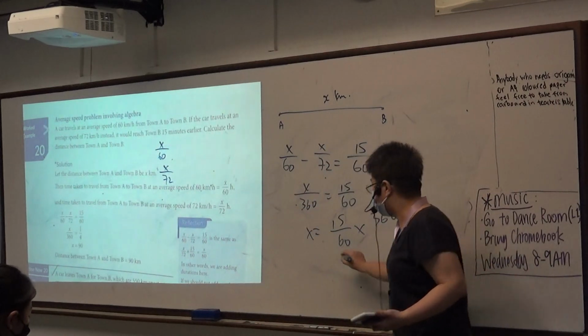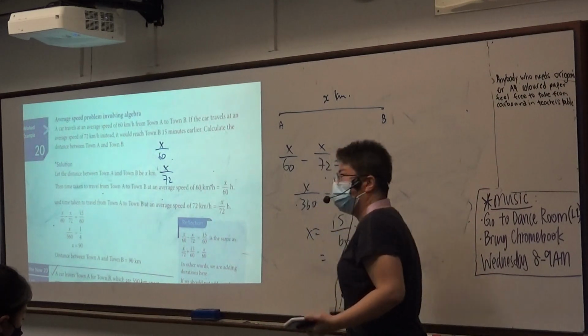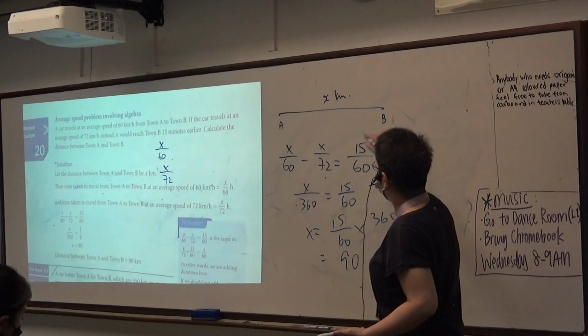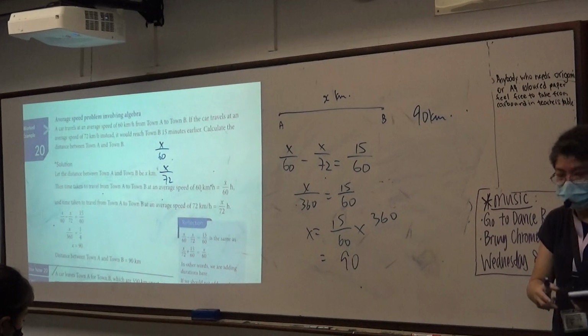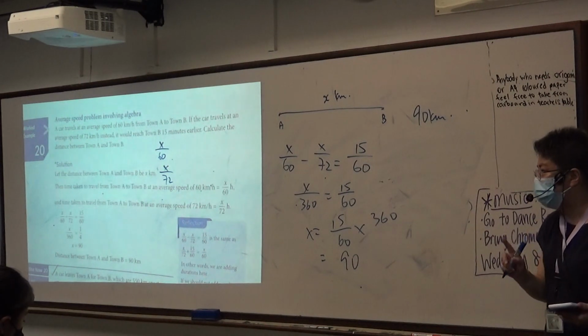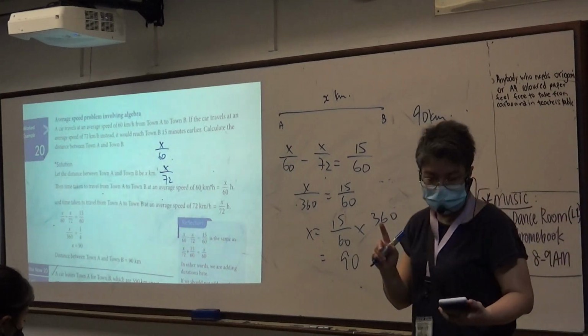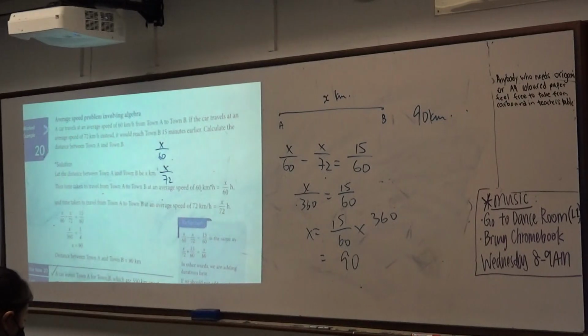This will give me 90 if you key in the calculator. So the distance between the 2 towns will be 90 kilometers. Are you all clear? Yes or no?